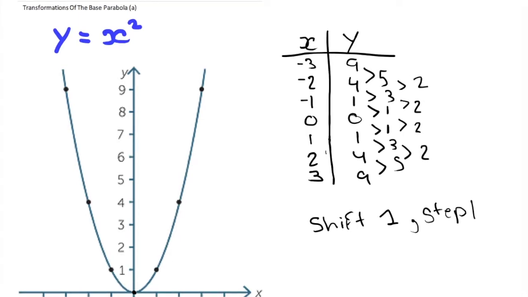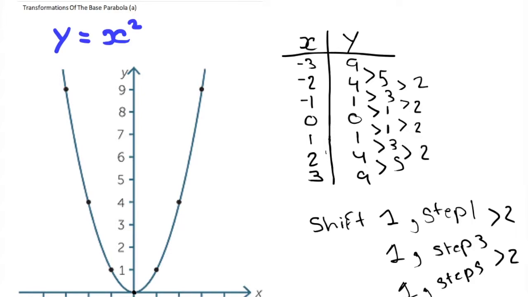The shift 1 always stays the same, but after the first shift 1, step 1, you have to step 3, and after that, it's the same thing, you have to step 5. As you notice, the parabola gets steeper and steeper as you step plus 2 each time, just like the second differences. If you don't really know what I'm saying right now, I can help you visualize it even better with the parabola itself.